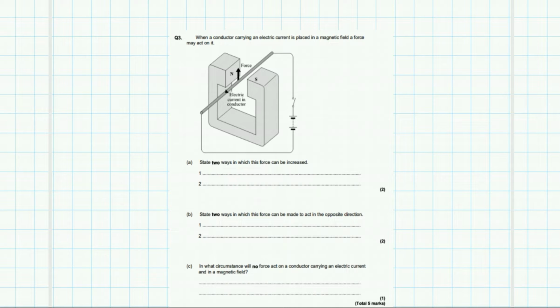Question 3. When a conductor carrying an electric current is placed in a magnetic field, a force may act on it. State 2 ways in which the force can be increased. For this question, we want to use the formula F equals BIL. So the two obvious ones to increase are B and I. You could say, for example, increase the magnetic field strength.